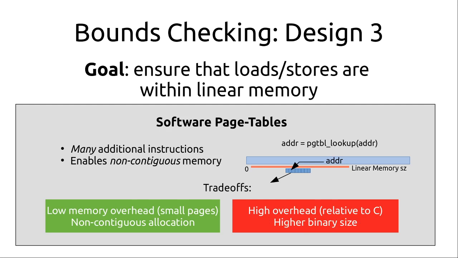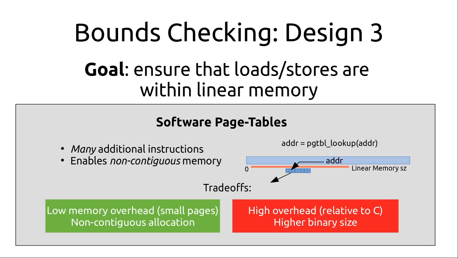The last design that we implemented was software page tables. So this was, of course, inspired by hardware page tables, and it includes a relatively complex operation that converts between a virtual linear memory address to an actual range within the real memory on the system. The big benefit of this approach is that it enables non-contiguous memory allocation for a Wasm sandbox. So it might be more suitable for dynamic code that you don't necessarily know the maximum linear memory size.